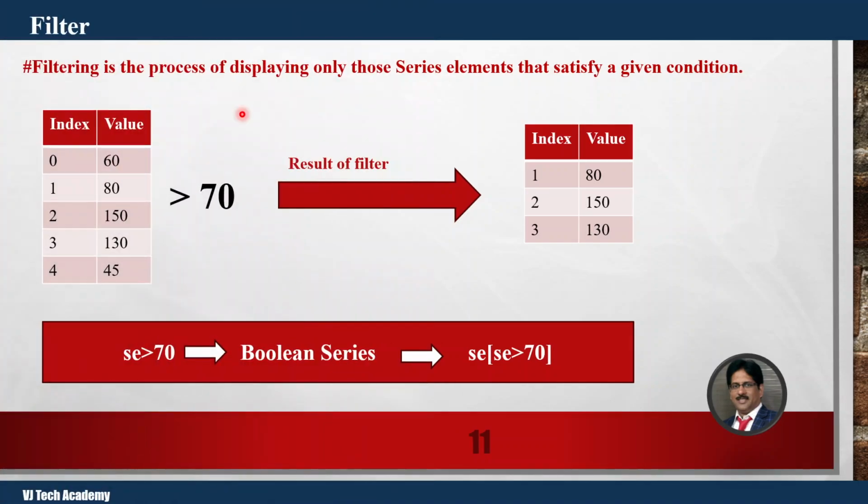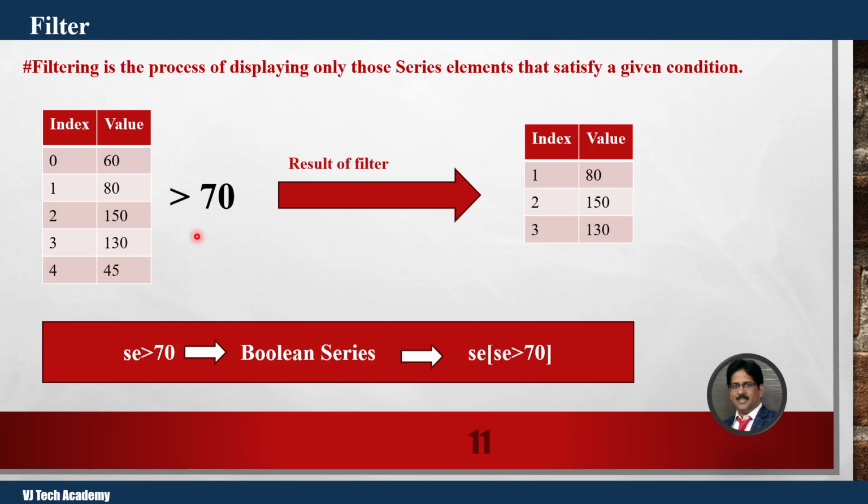Now, the next topic is filter. As we know, when you are comparing the series object with a particular scalar value, the result is always true or false. So wherever you are finding the Boolean series with value true, those values will be displayed. If you pass this condition in a series object, like you are comparing SE greater than 70, this will generate a Boolean series. 5 values will be generated in this case: false, true, true, true, false.